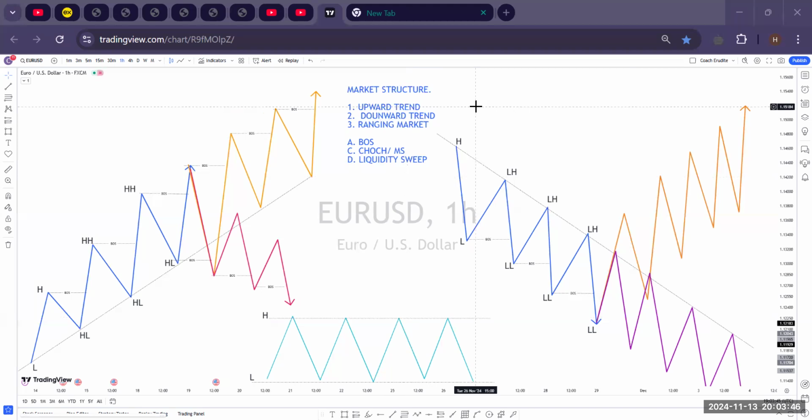I can hear you, sir. Markets move in three phases or three directions. We have the upward trend, we have the downward trend, and we have the ranging markets. Today, we are going to look at the market moving in an upward direction and the market moving in the downward direction.